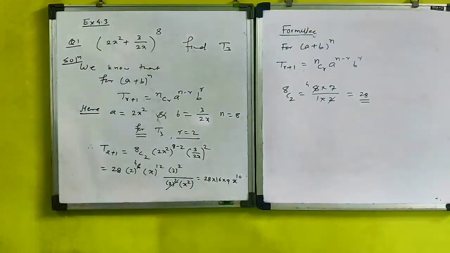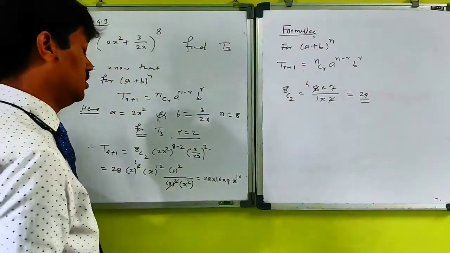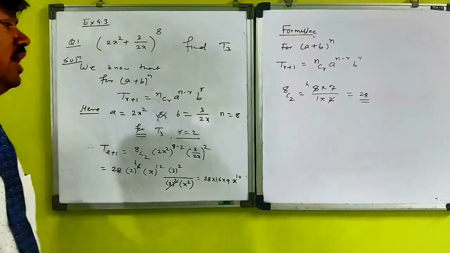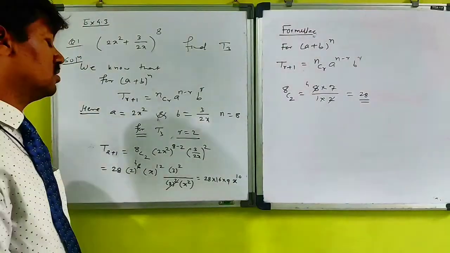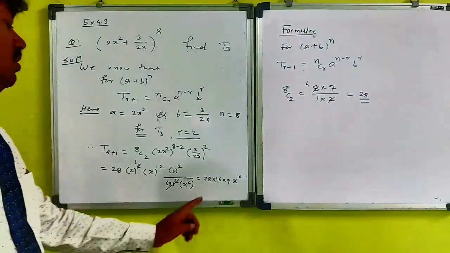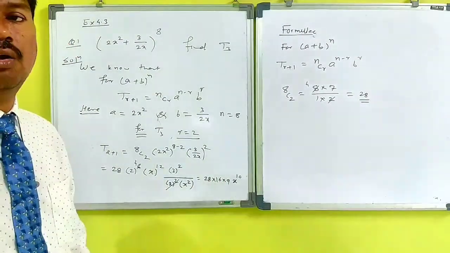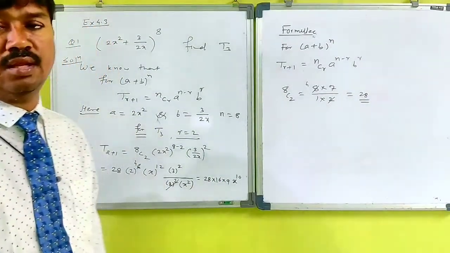Like this. So that is the value. This 28 into 16 into 9, we will calculate and find the answer. That's the value for T3.